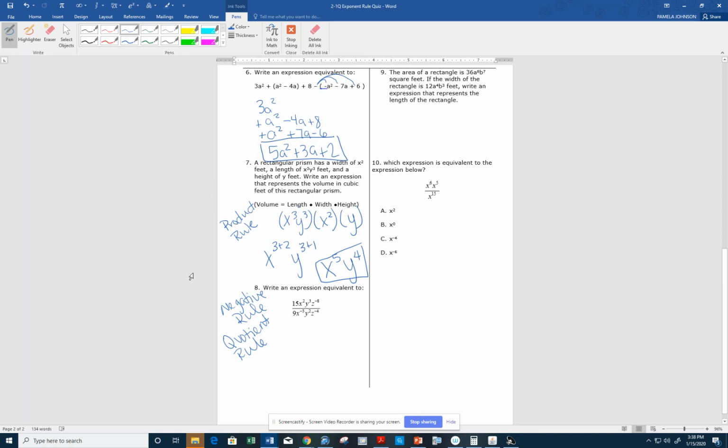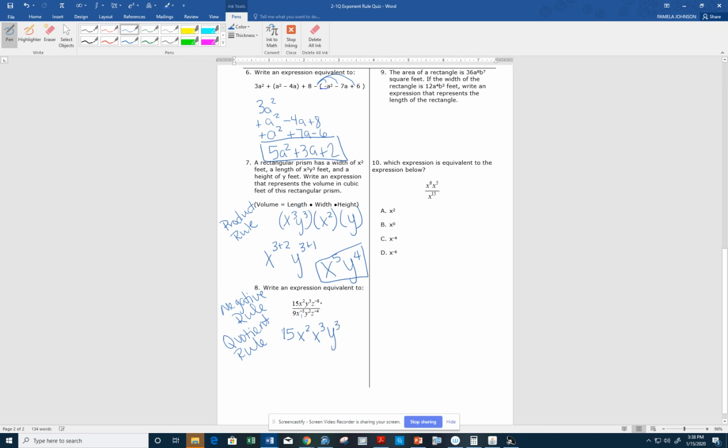So I'm just going to rewrite this without negative exponents. I'm going to move my negatives to where they need to go. So 15x squared, this x to the negative third is going to go up. So I'm going to have x to the third power, because when it moves to the other side of the fraction, it becomes positive. I have y cubed.